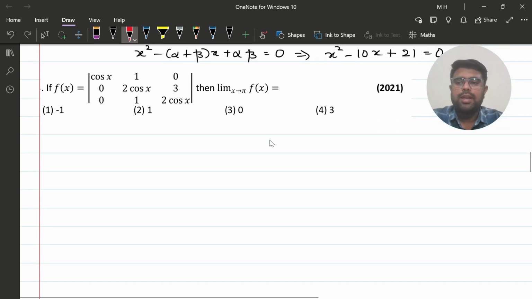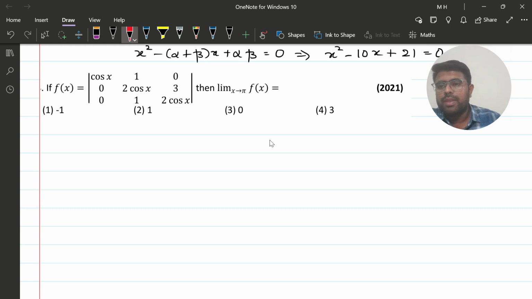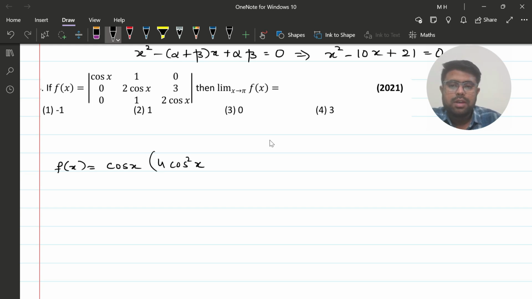Coming to the next question, the next question says, if f of x is equal to the determinant of so and so, then the value of limit of f of x as x tends to pi is. If you expand the determinant here, what you are going to get is f of x is equal to cos x into 2 2s are 4 cos square x minus 1 3s are 3.